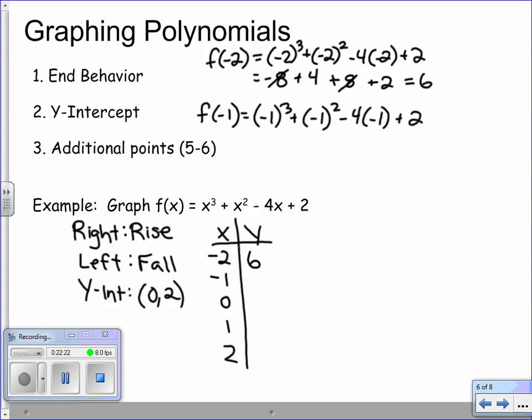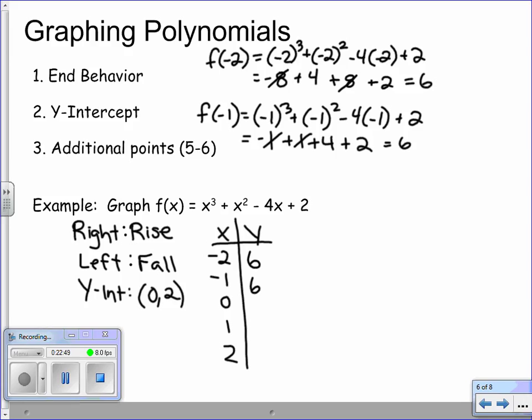A -1 times itself 3 times will still be -1. A -1 times itself will be +1. -4 times -1 will be +4, and then +2. And this one works out again. I've got 2 things that are opposite, so they're going to cancel, and I still get 6. Oh, that's interesting. We'll see how that works in our graph momentarily.